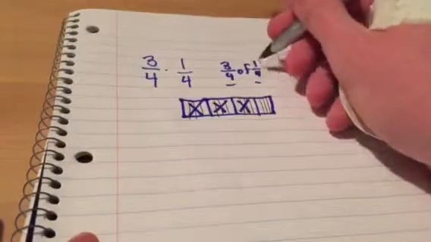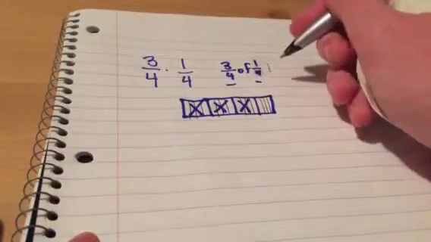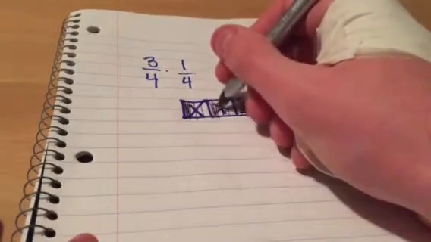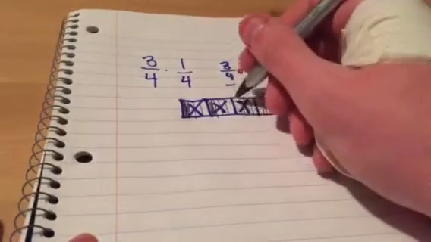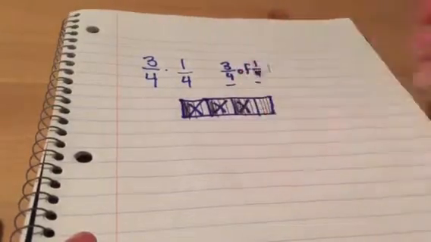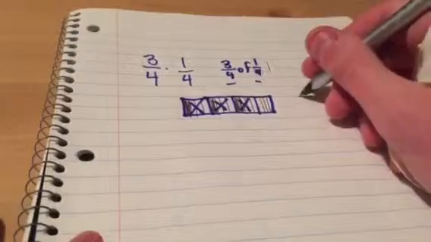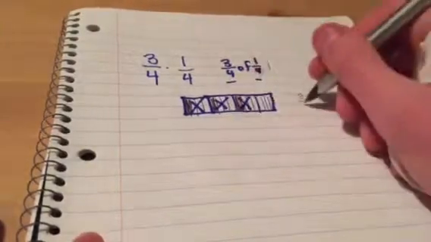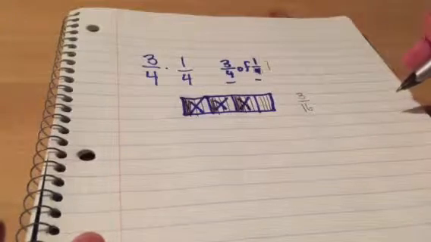And I want to shade one of each 4 in what I started with. So I shade 1 of 4 here, I shade 1 of 4 there, and I shade 1 of 4 there. And now I have 3 boxes that I still have shaded, and I have 16 total boxes.